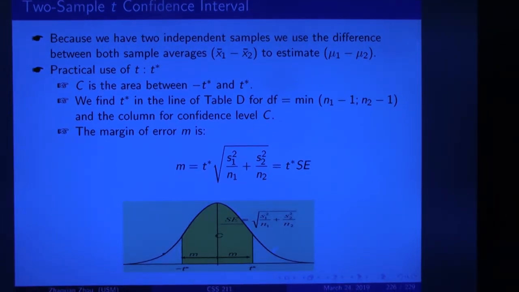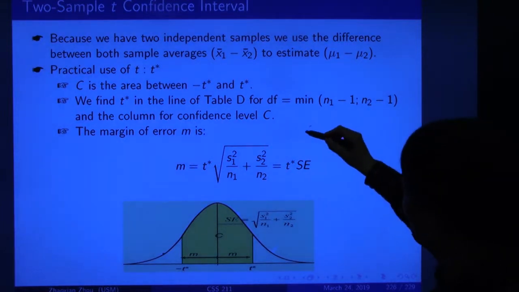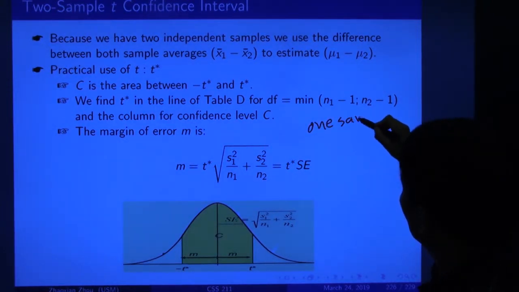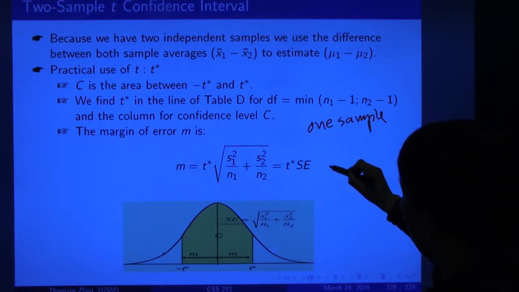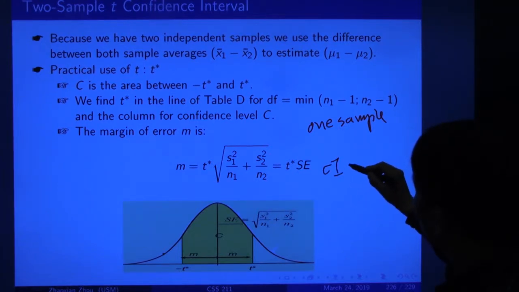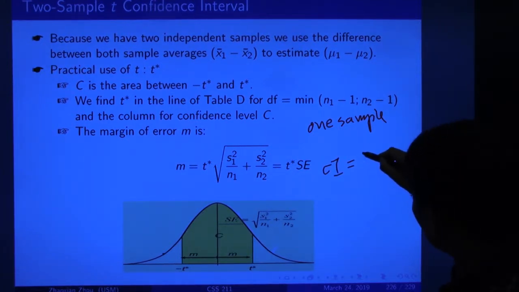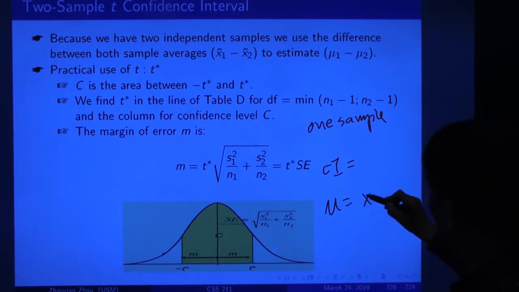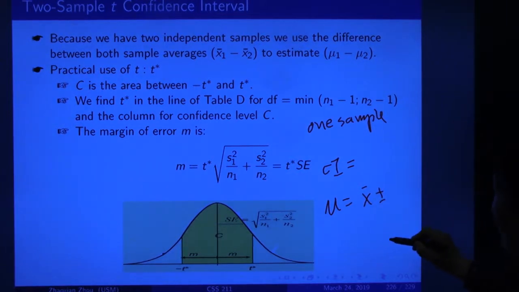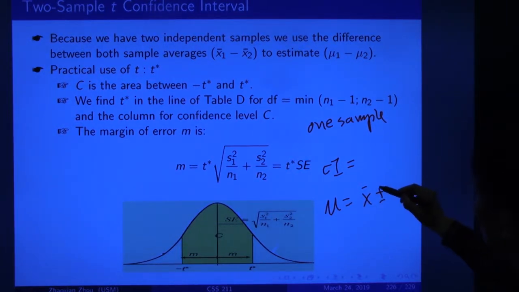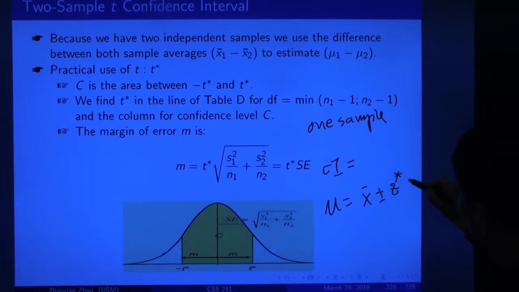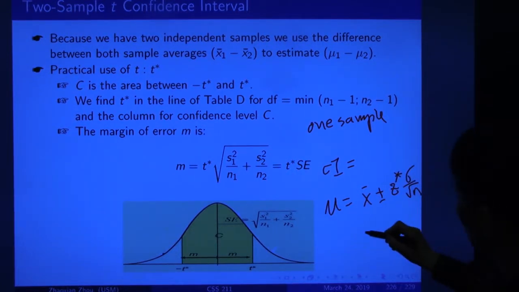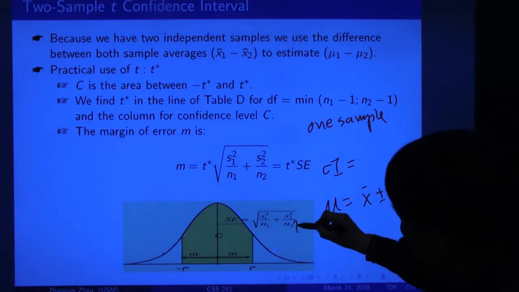Remember in one sample, the confidence interval means mu equals x bar plus minus, and for the z-test that will be z star times the standard deviation divided by square root of n, and this is for the z-test.